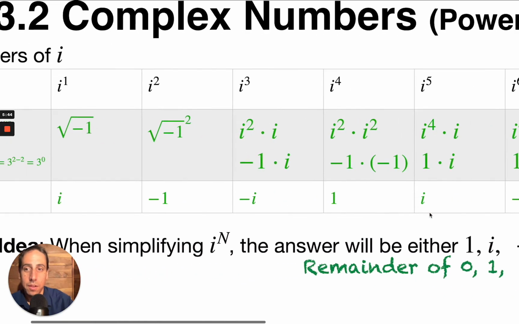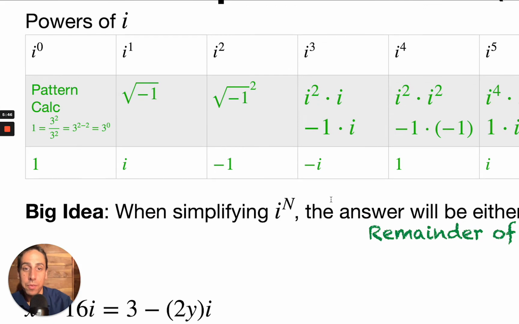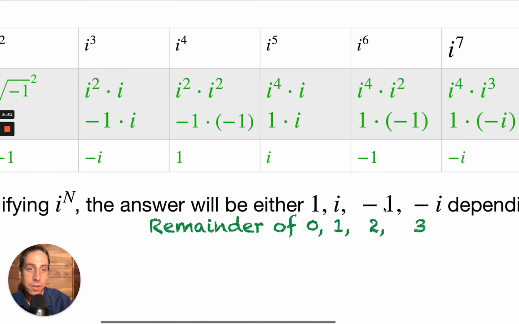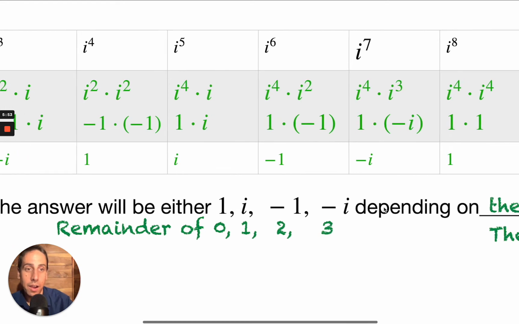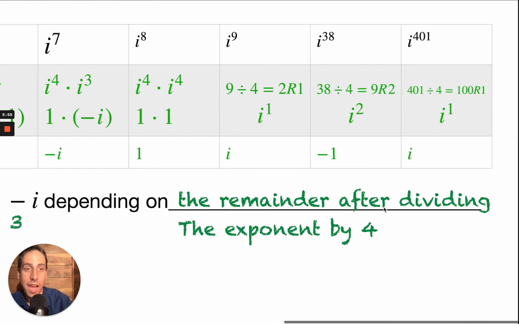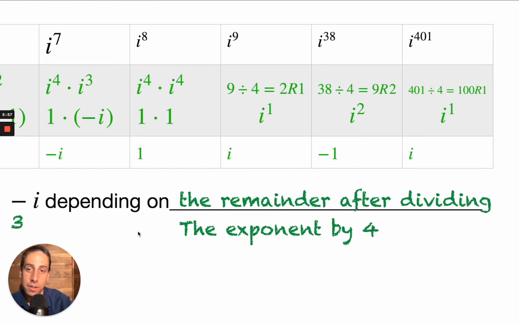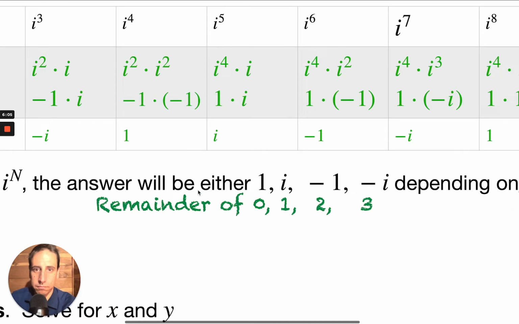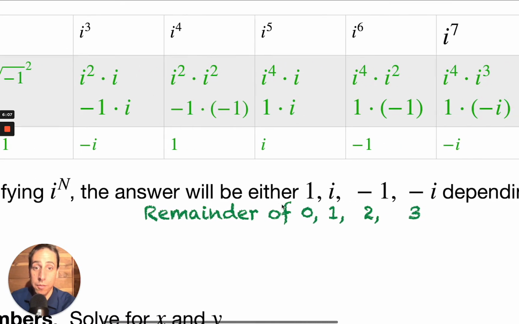So the big idea here is when you're simplifying i to the n, the answer will be either 1, i, -1, or -i, depending on the remainder after dividing the exponent by 4. And so you can pair these up. If the remainder is 0, then the answer is 1.